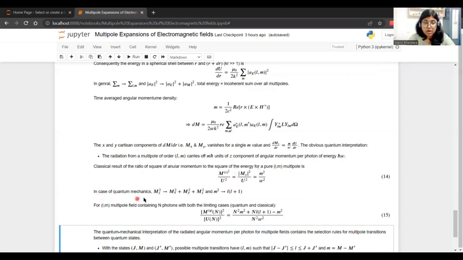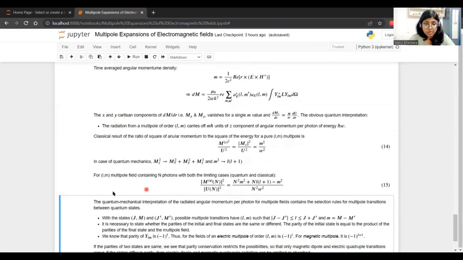But in case of quantum mechanics, these substitutions are made: in place of Mz squared, we have to consider the x and the y components as well, and m squared is replaced by l into l plus 1. Now for an l, m multipole field containing n number of photons, which satisfies both the limiting cases, that is the quantum and the classical, we get this expression.